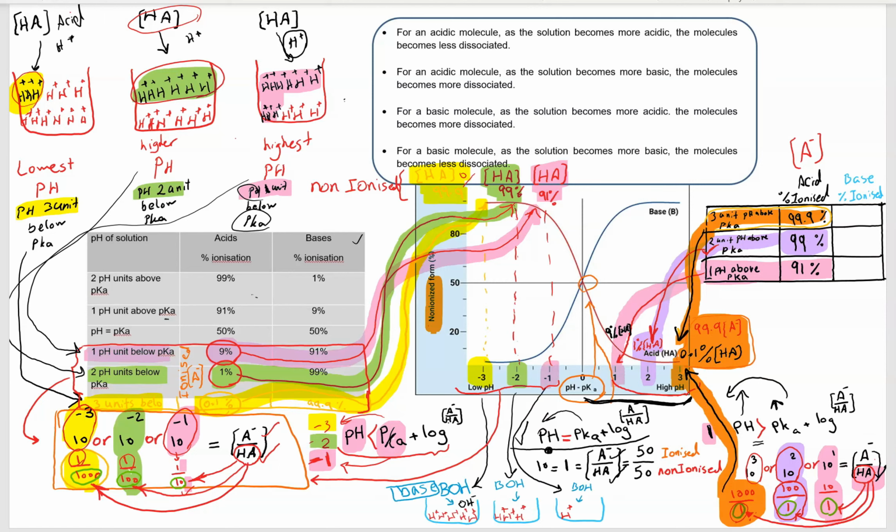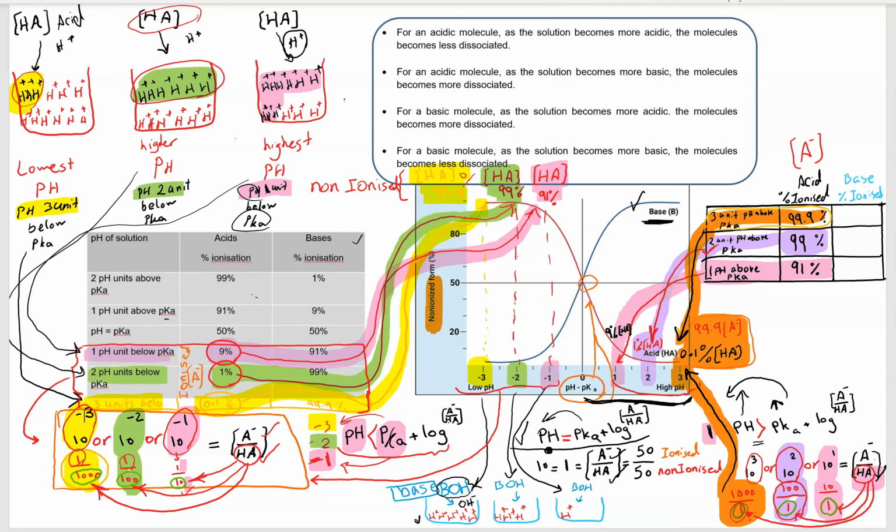For this graph, the blue one is for base. So imagine that you have a container that has a lot of hydrogen ions in there. What does it mean? It means that your pH is really low, so it's so acidic. Then you pour some basic molecule or basic drugs into this container.